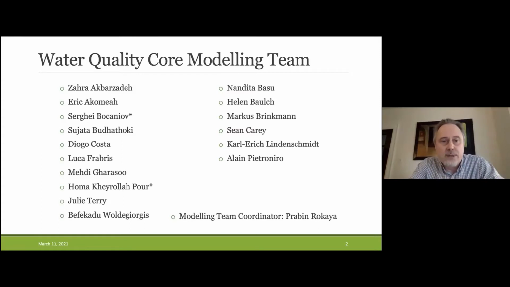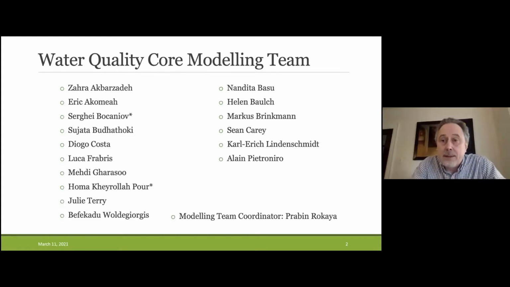And the stars for Sergey and Homa indicate that they're no longer formally members of the water quality core modeling. They now have different appointments, but they're actually continuing the same work that they did when they were part of the water quality core modeling, and I'll show some of their research results also.